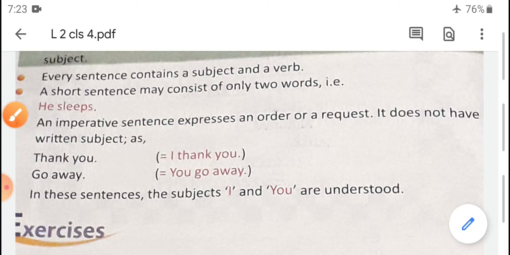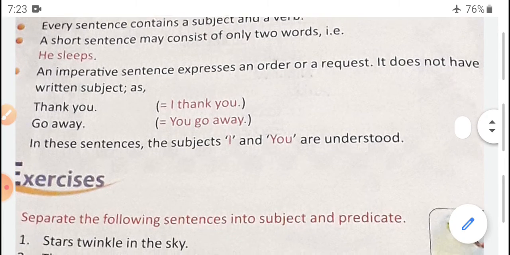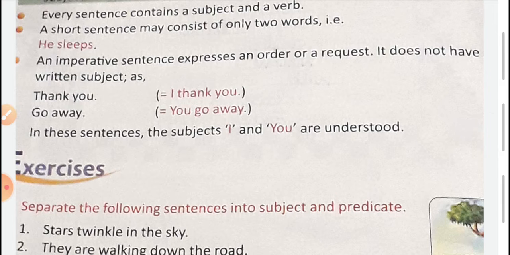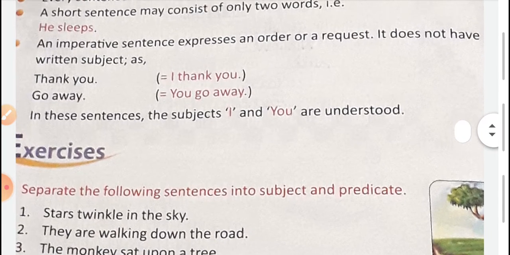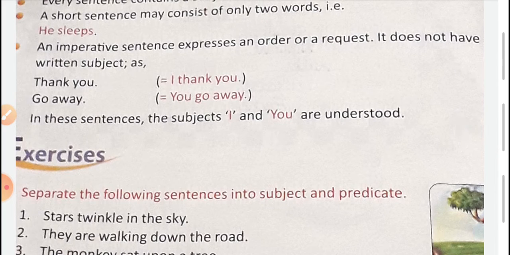Okay. Here an imperative sentence expresses an order or a request. It does not have a written subject. That means mostly all the imperative sentences are said without a written subject. Thank you, go away, come in, shut the door, close the window.